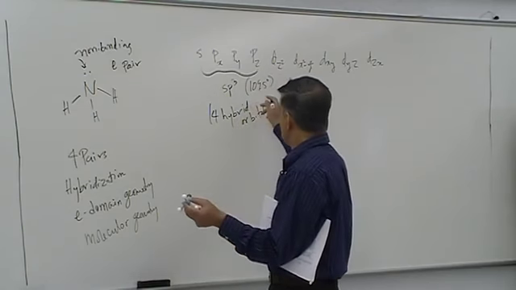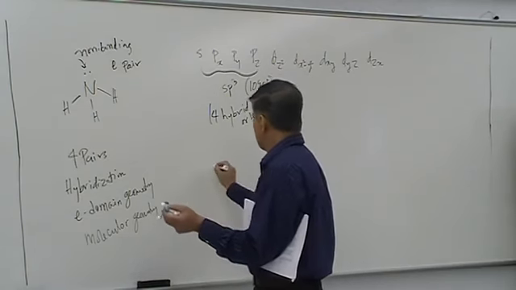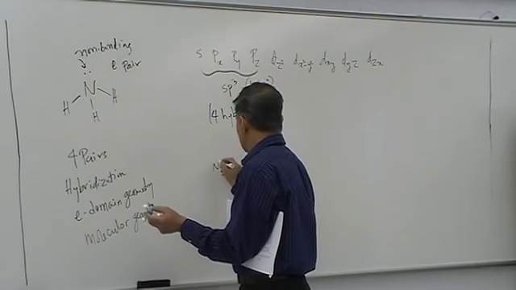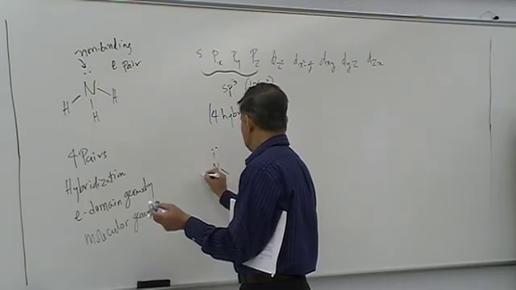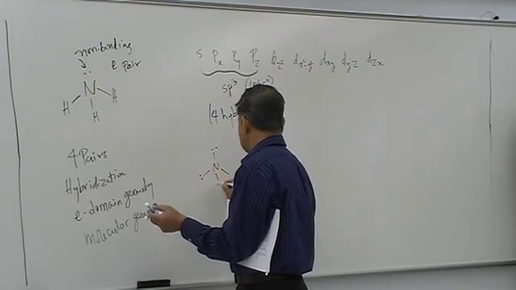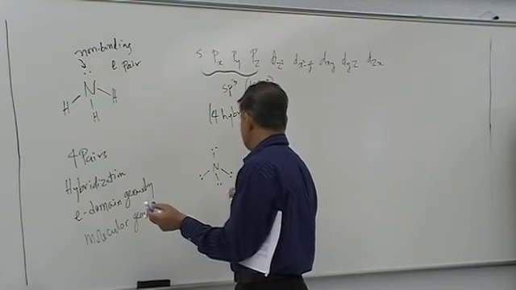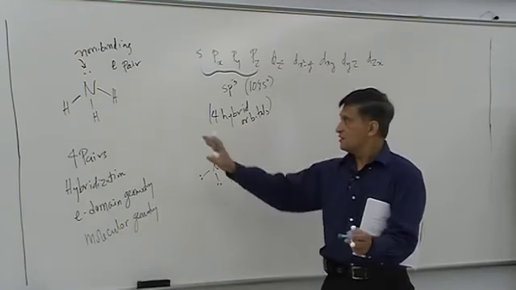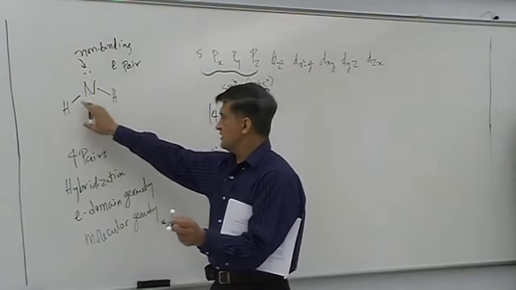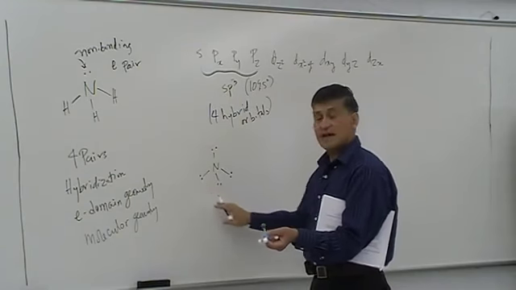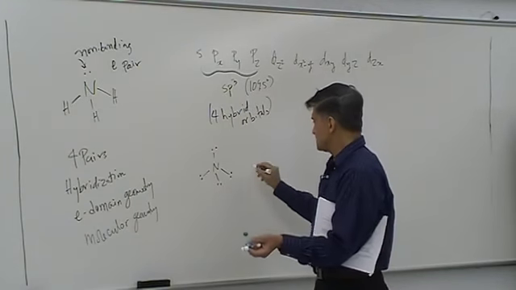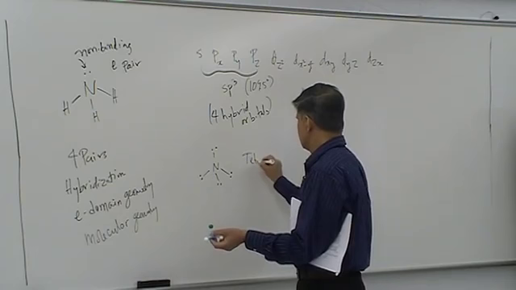Okay, now that's the normal angle you'd expect. So now this is what you have. Nitrogen with 4 pairs of electrons. Let's assume that hydrogens are not there. If you assume that these hydrogens are not there, only 4 pairs of electrons are there, then this is the electron domain geometry, and this is called tetrahedral.